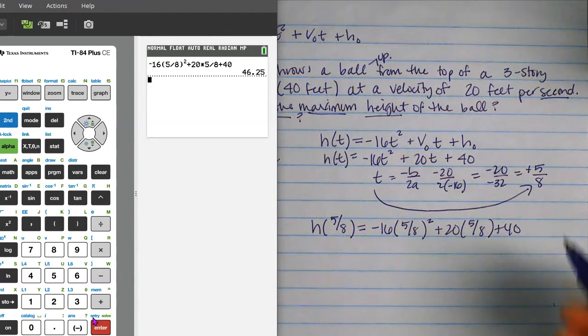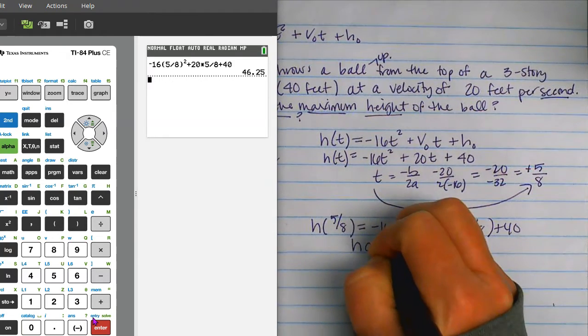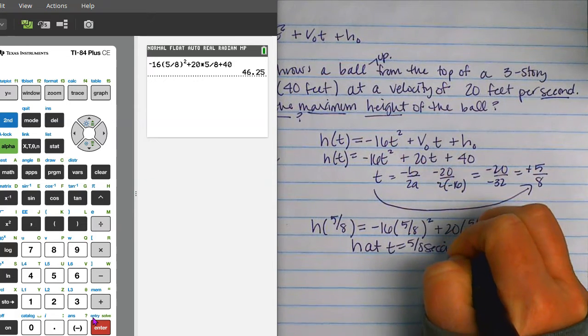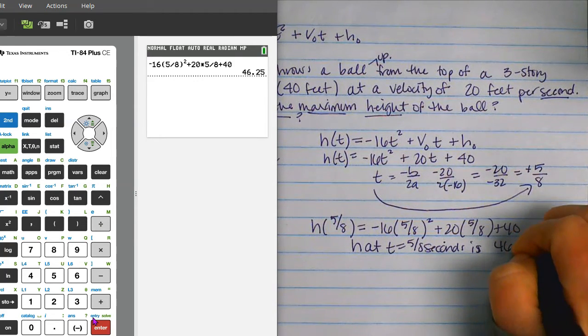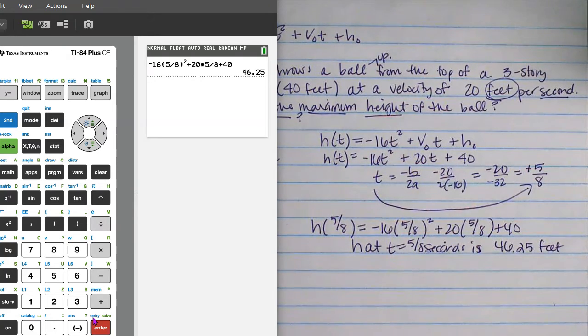So it's going to go up another 6 1/4 feet. So the height at time equals 5/8 seconds is 46.25 feet. This was feet. Everything was in feet.